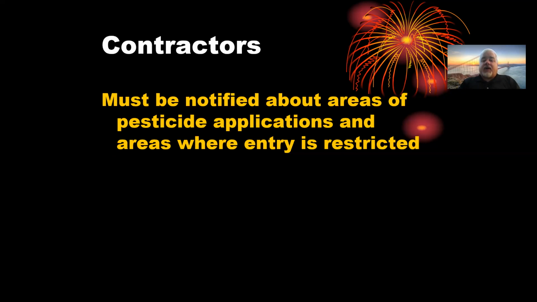They must be notified of areas of pesticide applications and areas where entry is restricted. You've got to keep people informed. And just because they're not your employees, if they're coming onto your property for any reason, they need to be notified. And even if somebody drives off the side of the road to steal your strawberries, they need to be notified. How? By putting up signs.